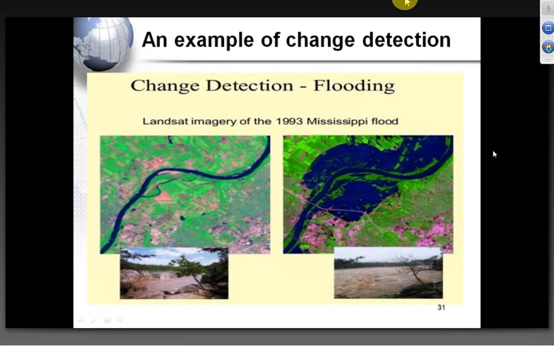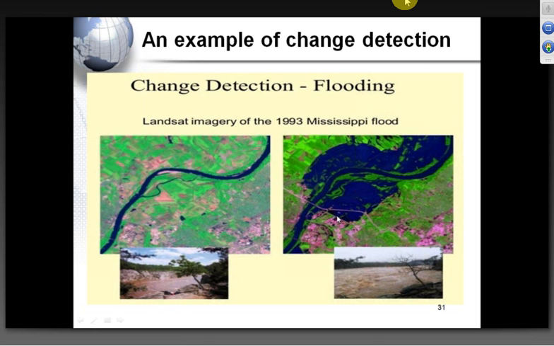You can see an example of change detection. The picture shows a lake in Mississippi, 1993. That is the satellite image of this. And after the flooding, we can see in the picture the blue color has spread, showing the effect of the flood.